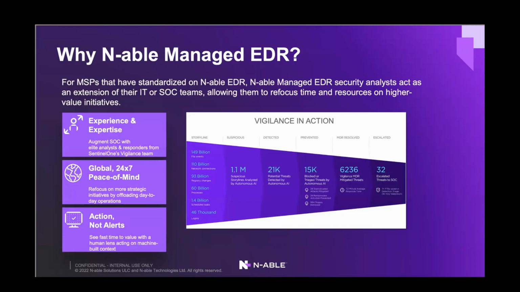And here you have a quick overview that I've borrowed from Enable directly, which shows why to consider managed EDR. Because with the storyline where you have all the potential threats, there's monthly around 100 and almost 150 billion events with files, 110 billion network events, and so on.